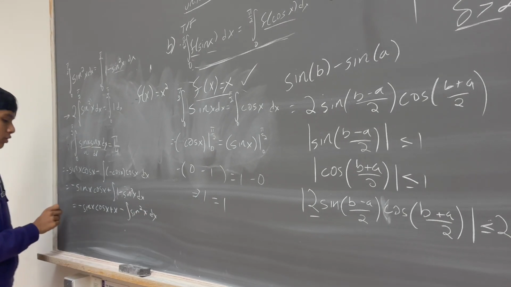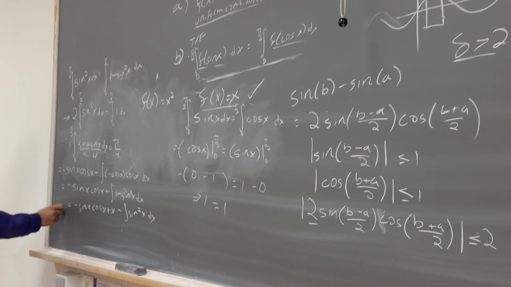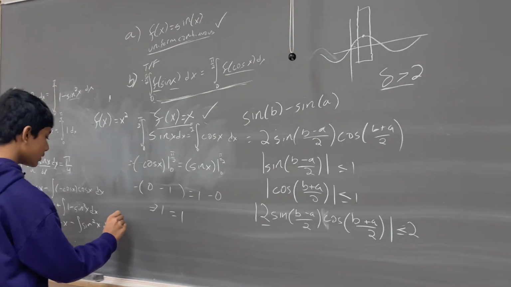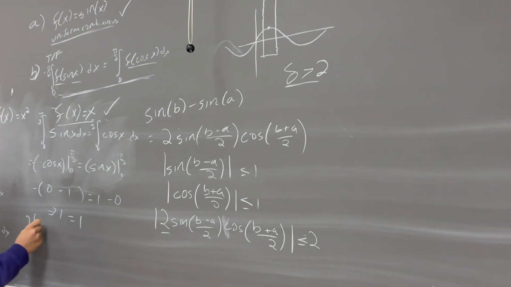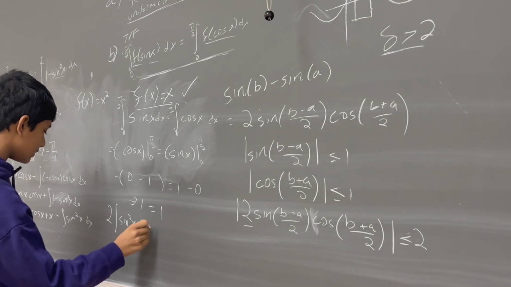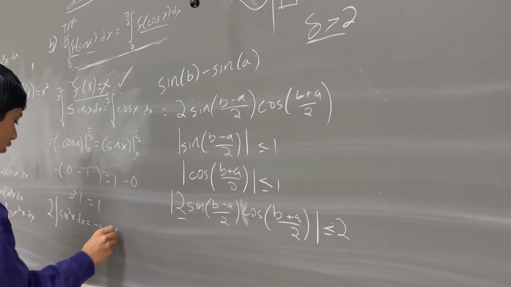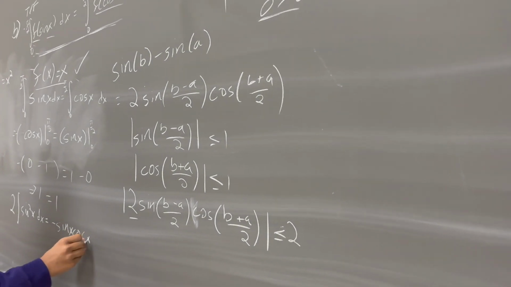And of course, this is already equal to the integral of sine squared x dx. So we bring this all the way over here to get 2 times the integral of sine squared x dx is equal to negative sine x cos x plus x.